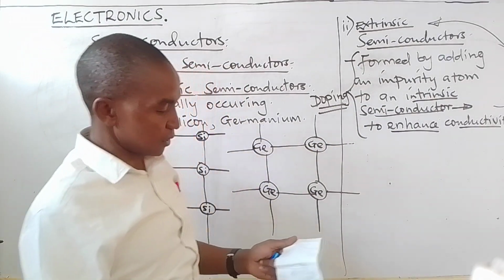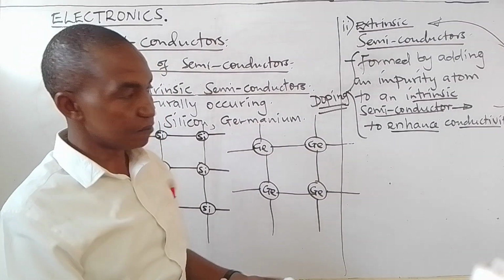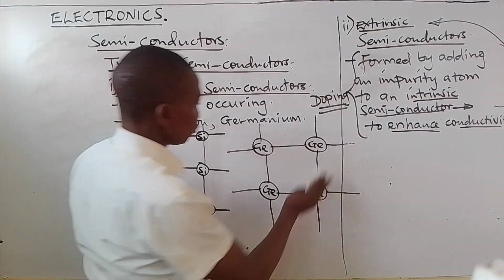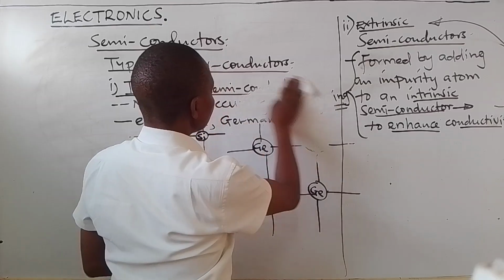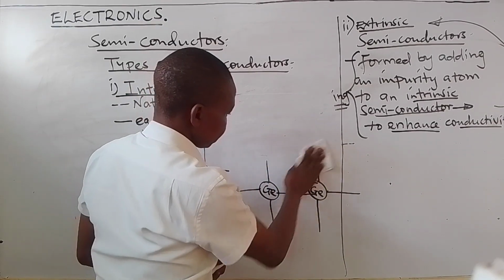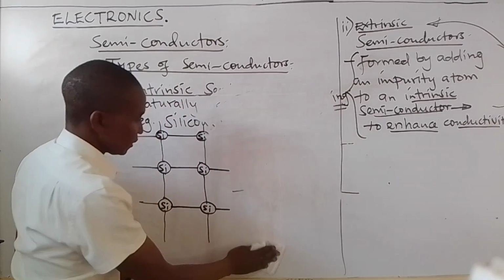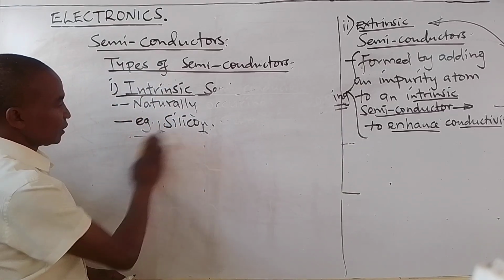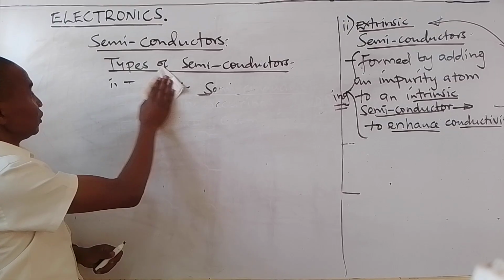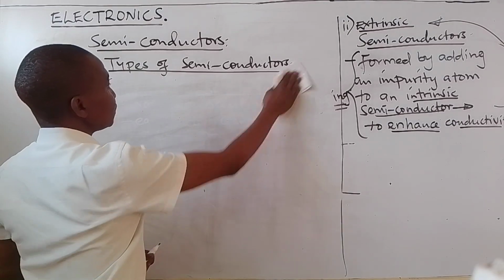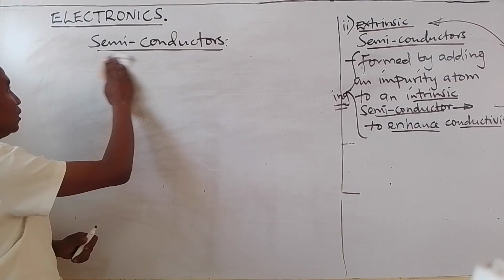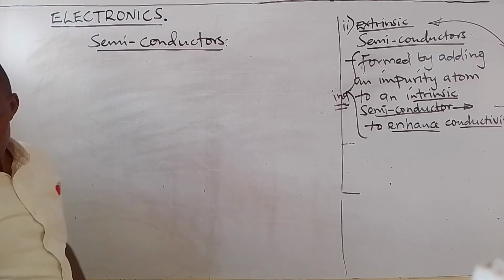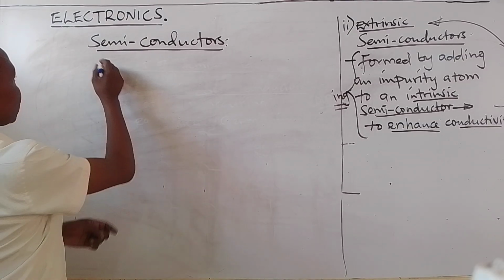Extrinsic semiconductors are of two types. These are the P-type and the N-type semiconductors.